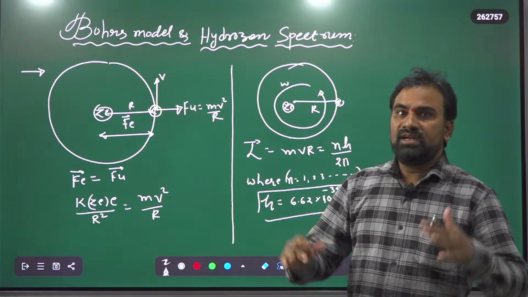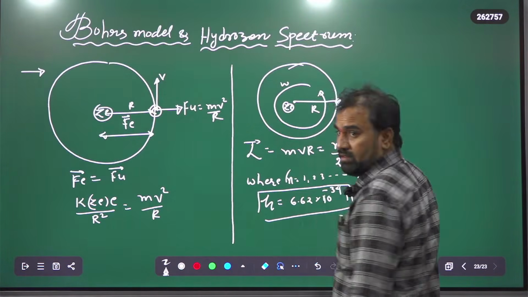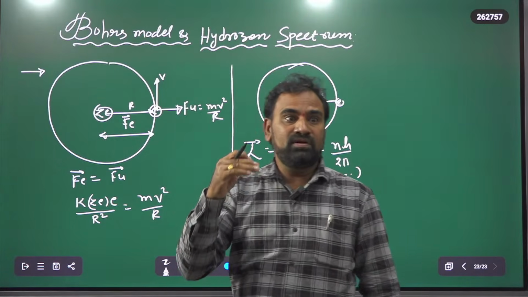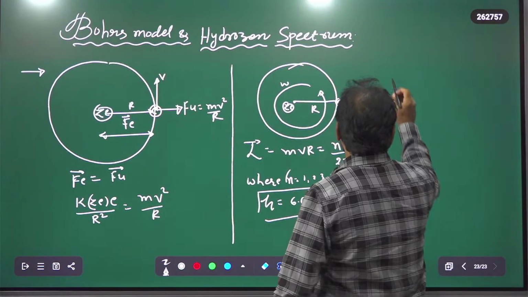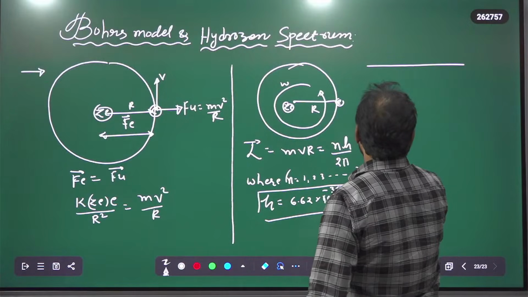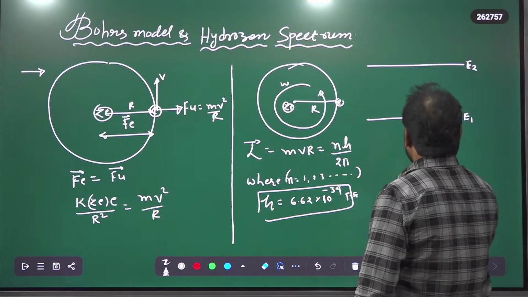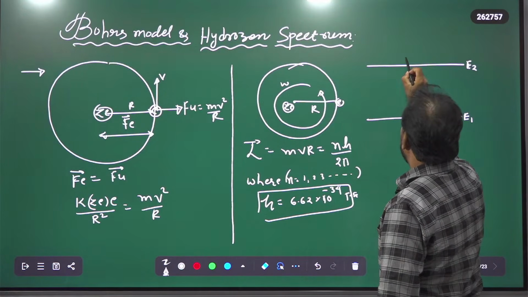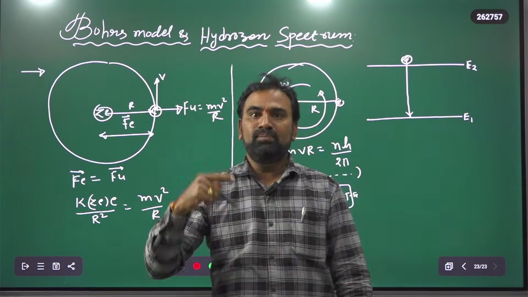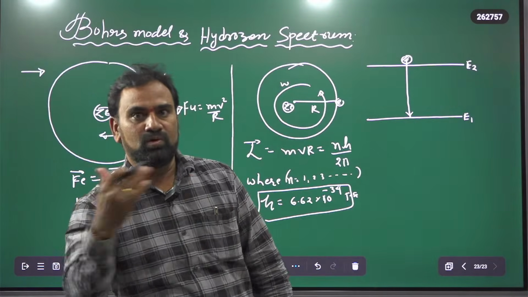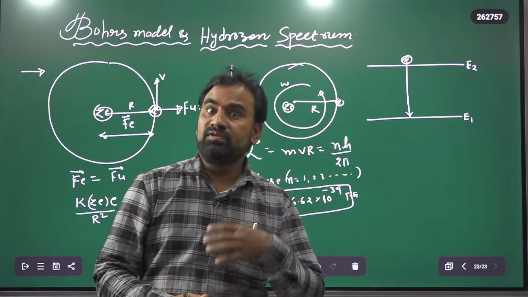Next, the third one is, when an electron makes a transition from a higher energy level to a lower energy level like this. Suppose this is a higher energy level E2 and this is a lower energy level E1. When the electron makes a transition from the higher to the lower energy level, it emits energy in the form of a photon, equal to the difference of the two energy levels.